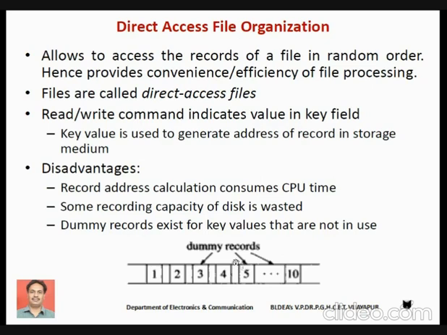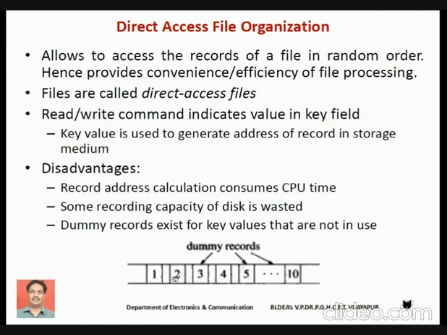Okay, I'll give an example. Assume that you have stored student information, where each student requires 10 bytes. Suppose I want to access the first record: it will be found from 1 to 10 bytes.